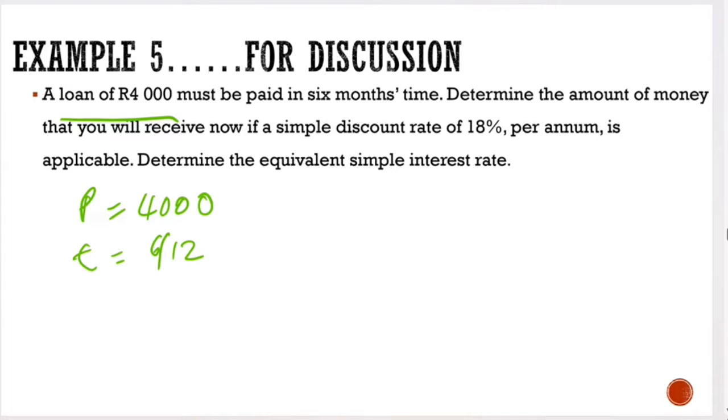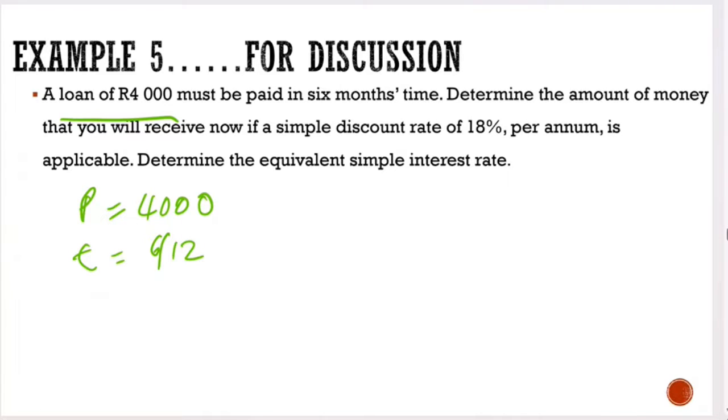Determine the amount of money that you will receive now if the simple discount is... Am I correct, guys, for saying that my loan of 4,000 must be paid in 6 months? Here's one thing. I hope you are following on how we develop our misconceptions. If you are going to read and decontextualize line by line, you can miss the whole story.